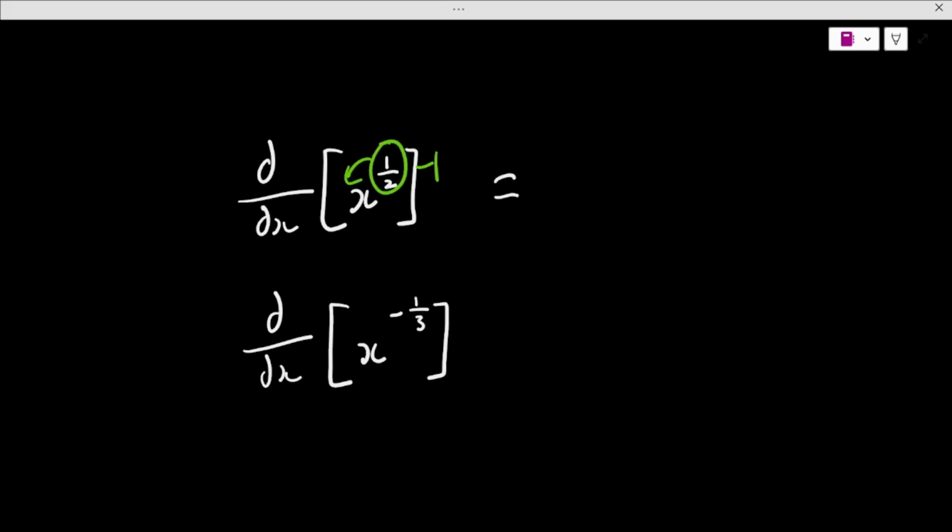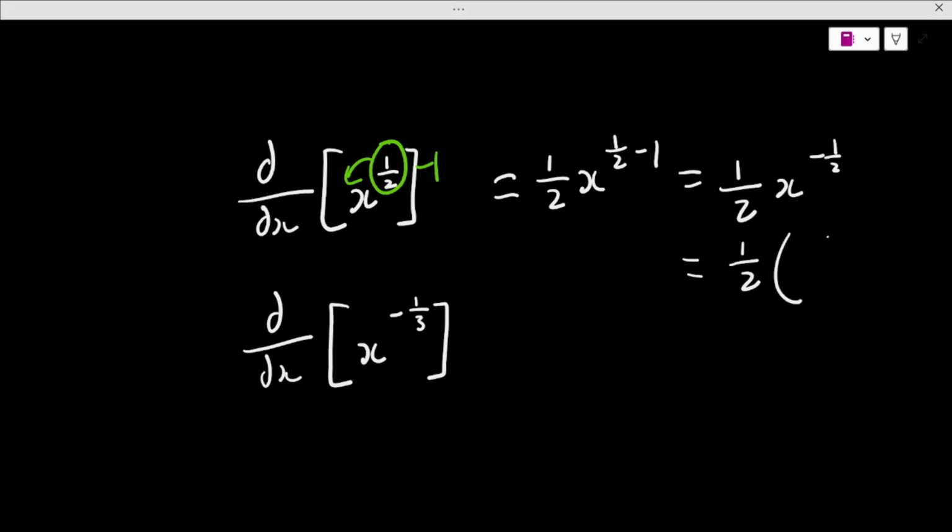When we bring the power down, that's going to be half. X is still there. Half minus 1 is going to be negative half. So we get half times x to the negative half. If you wish, we can rewrite this as half times 1 over x to the half.